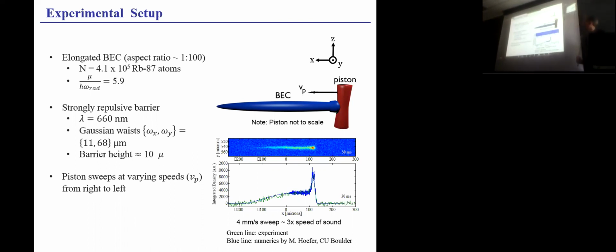In practice, this barrier is actually a laser beam that's tuned repulsive on the atoms at 660 nanometers. And the height of this barrier, the barrier strength, is large compared to the chemical potential, like a factor of 10 larger. And then we are going to vary the speeds at which we drive the piston. Typically, we are going to look at speeds that are slightly supersonic or largely supersonic, and then we want to see what's the effect coming out.